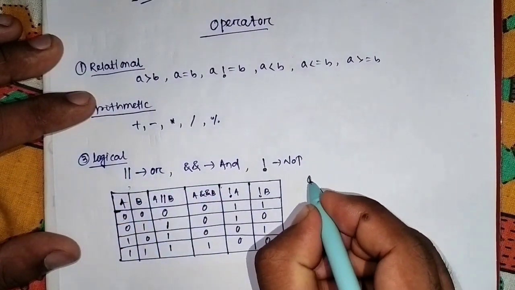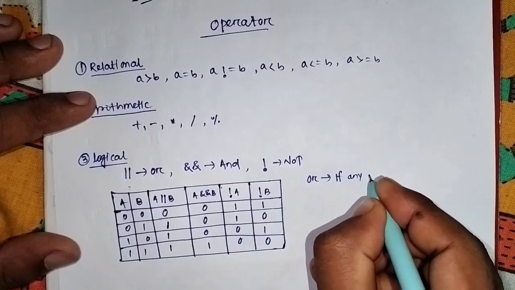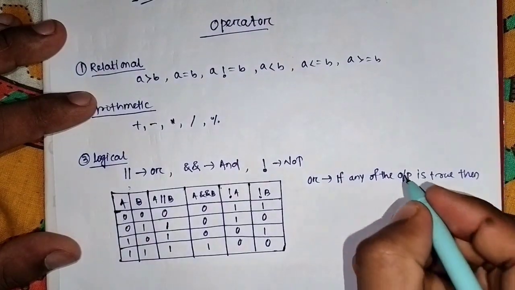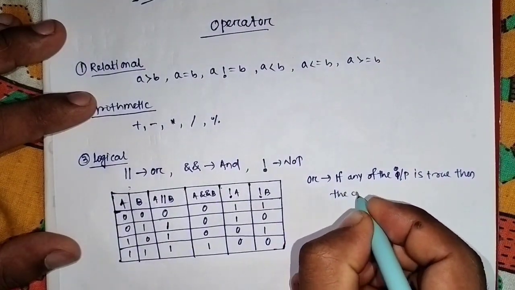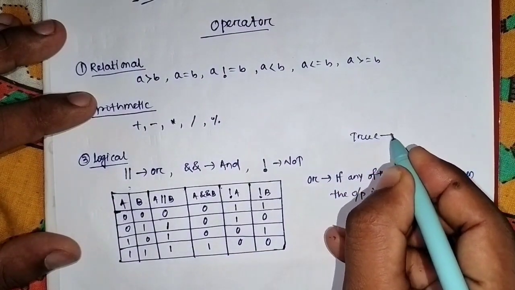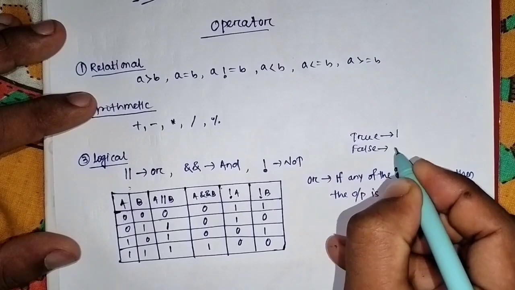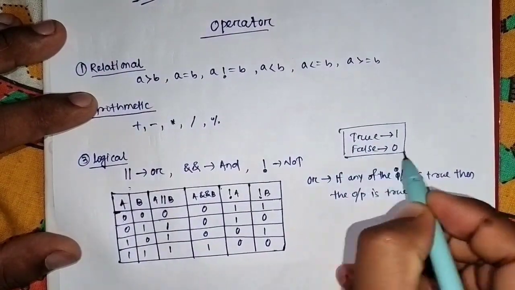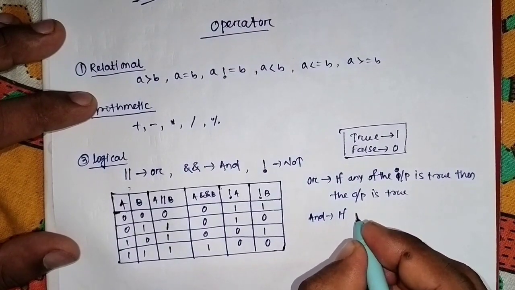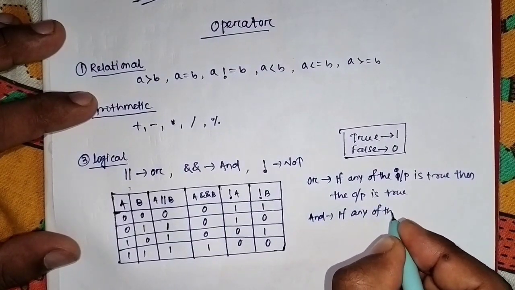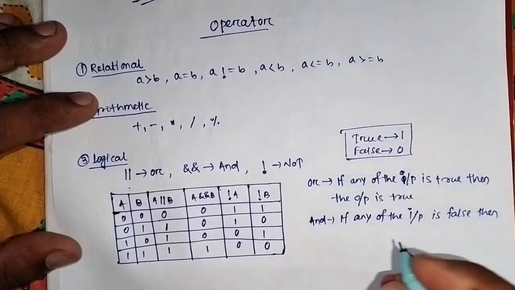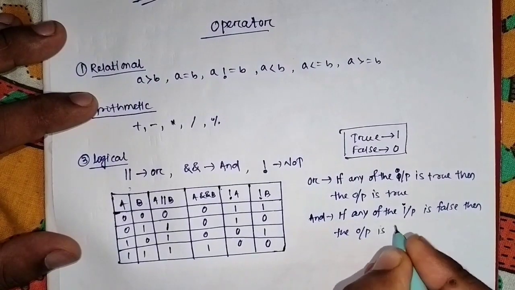How do I do this? First of all, count OR. The definition says if any of the inputs is true, then the output is true. Here true means 1 and false means 0. Then comes AND. If any of the inputs is 0 or false, then the output is false, and that is also shown in the table.